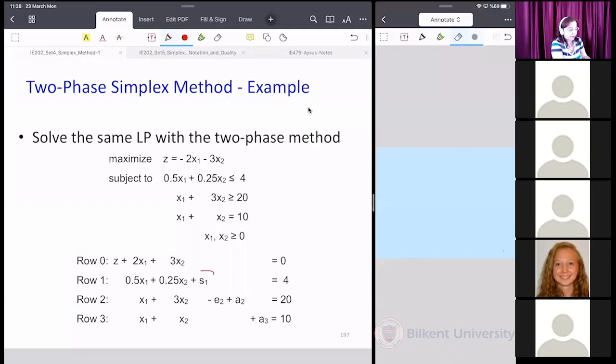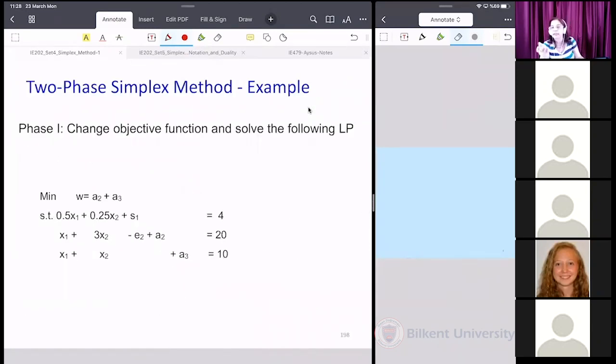I have a slack variable, but I do not have unit vectors for the second and third constraints. I add artificial variables to my second and third constraints. This is exactly the same thing we did in the big M method. And then we had row 0 with large coefficients, all those artificials.